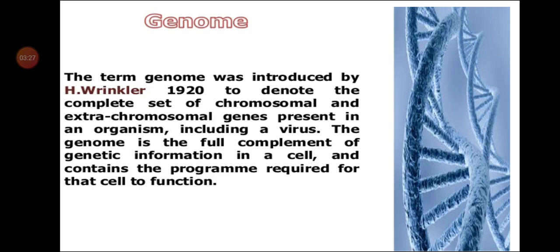Then the third definition, it is one complete set of chromosomes. When I say chromosome, it can be monoploid or haploid. It can be present in a single form or in a double form, that is monoploid or haploid, of an organism.